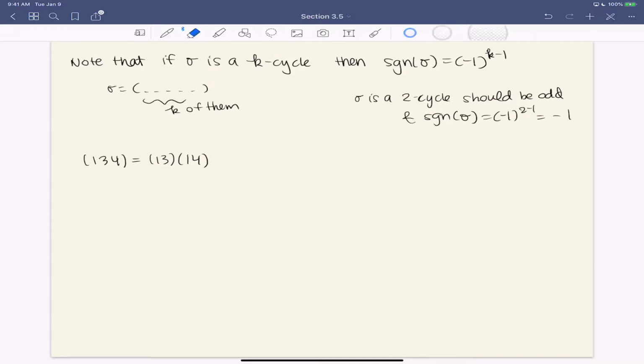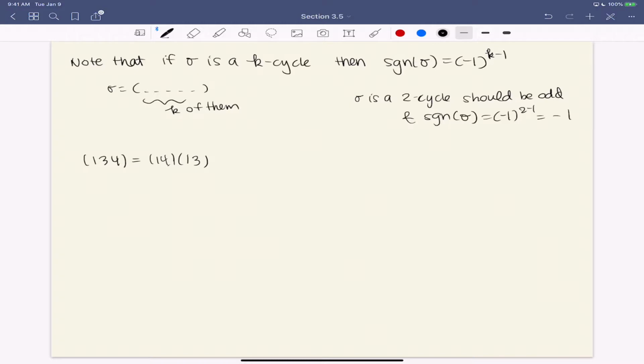It's the other way around, but this does work: (1 4)(1 3). Remembering that we're composing right to left, 1 goes to 3. Then 3 goes to 1, 1 goes to 4, so 3 goes to 4, and then 4 goes to 1, and that finishes the cycle.